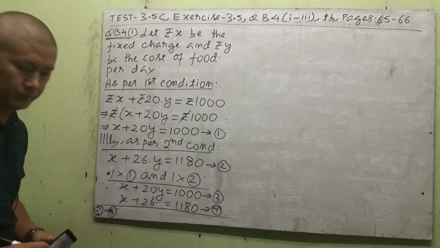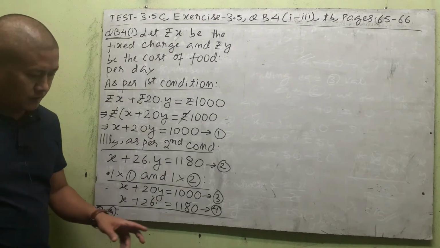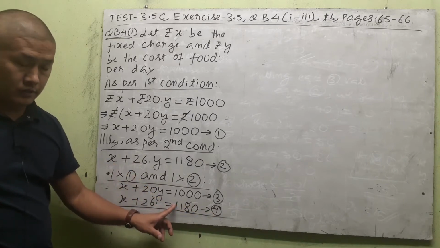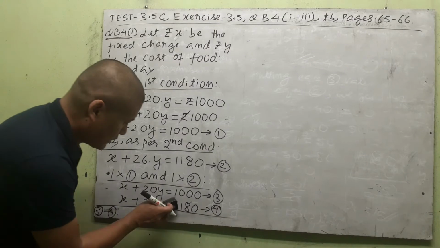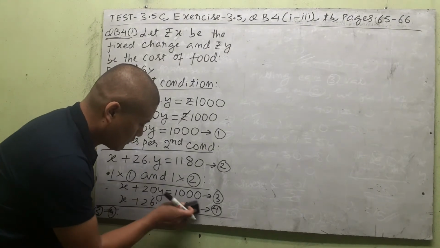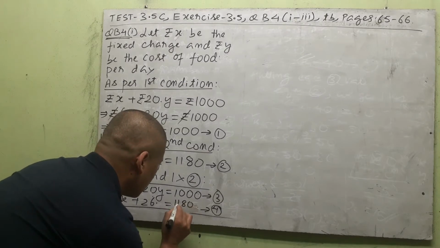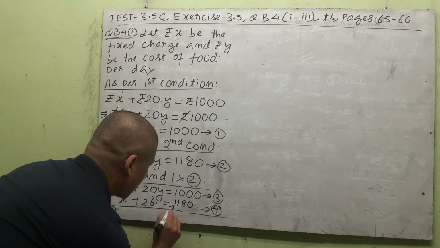What does that mean? 3 minus 4 means every term in equation 4 has its original sign changed. The original sign of 1180 was plus, so it will become minus.